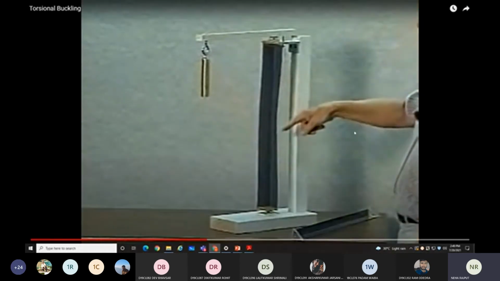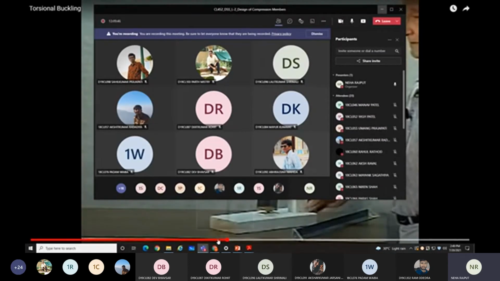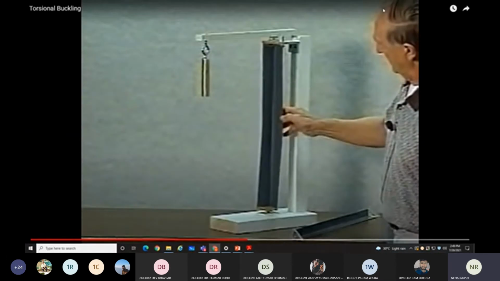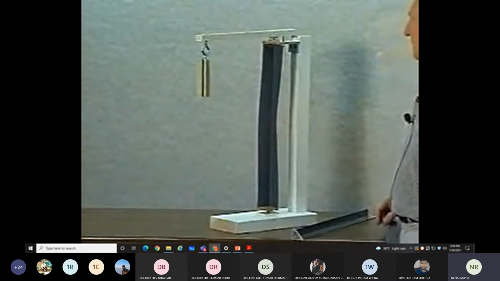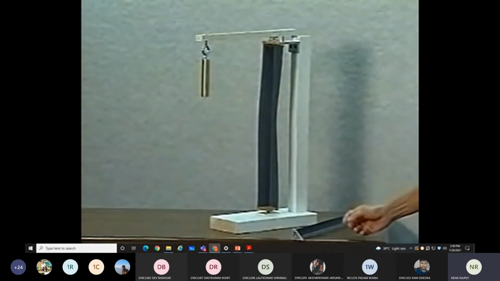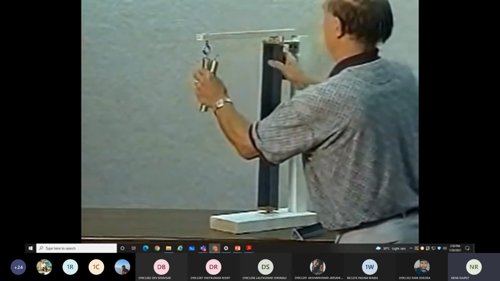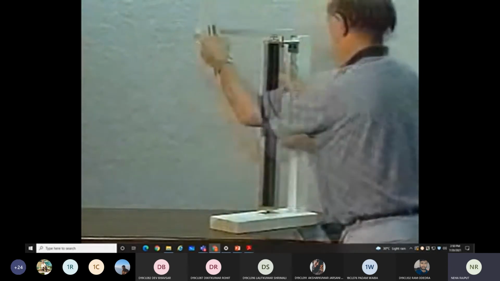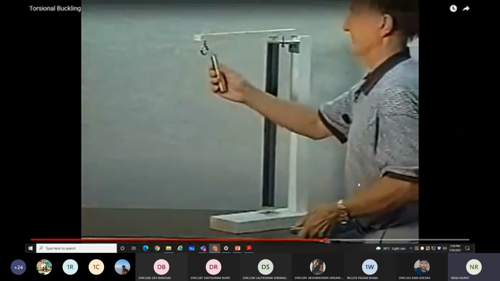So you can see that the section has twisted in a torsional buckling mode. And this is what's known as torsional buckling. Now I'm going to put in the smaller member. I'll put on the same load.